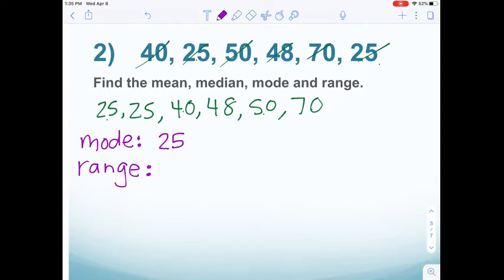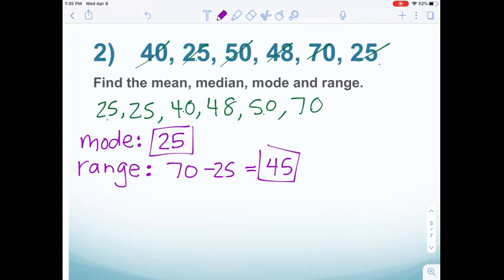The range is going to be my biggest value minus my smallest value. My biggest value is 70. My smallest value is 25. So I take 70 minus 25, and I get 45. So my mode is 25. My range is 45.